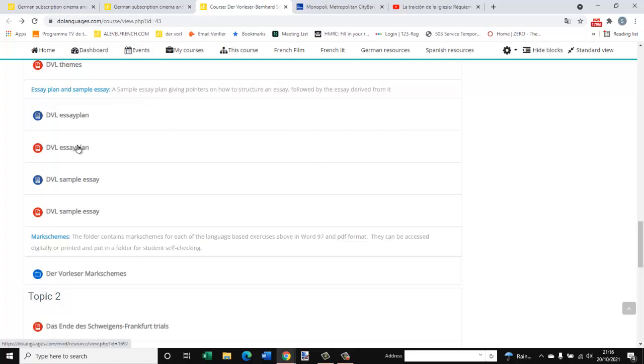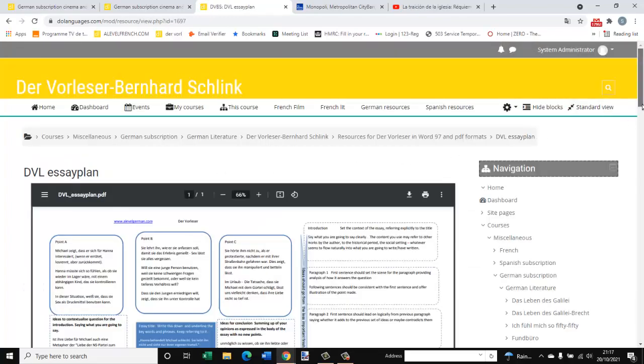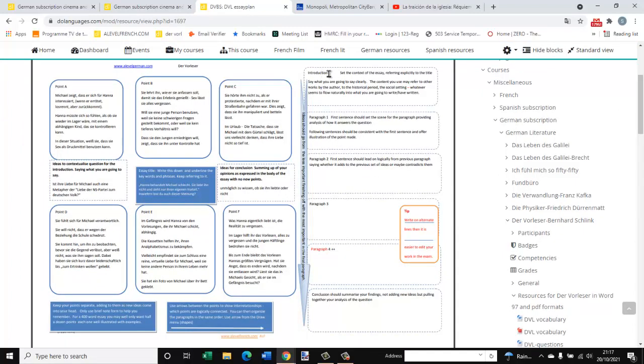In all the literature materials and cinema materials, we push the non-linear essay plan. So you have a schema demonstrating the way the essay paragraphs should work, and this is representing how the students should read the essay very carefully and then put their ideas down, keeping their ideas separate, adding ideas as they come, because the ideas don't necessarily come, of course, straight out of your head.